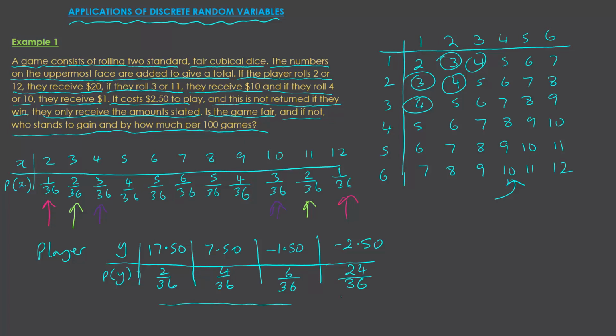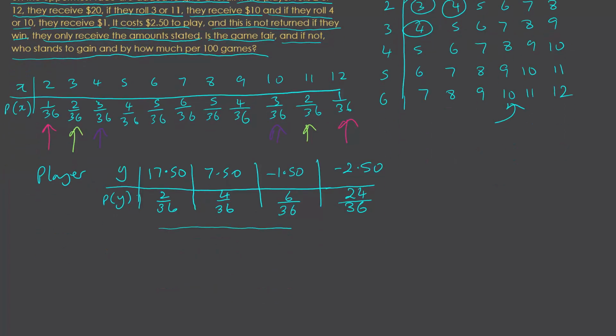So that's our distribution for the outcome. So let's look at the expectation of y, which will give us the expected outcome from one play of the game. So that would be $17.50 times 2 over 36 plus $7.50 times 4 over 36.